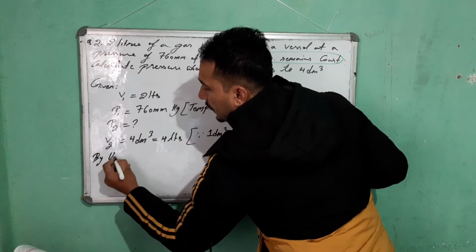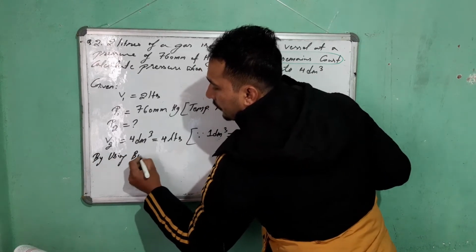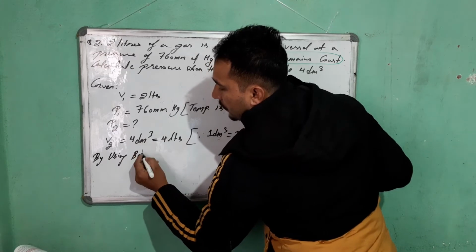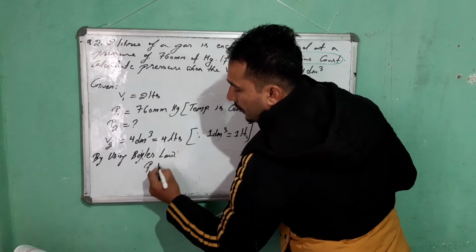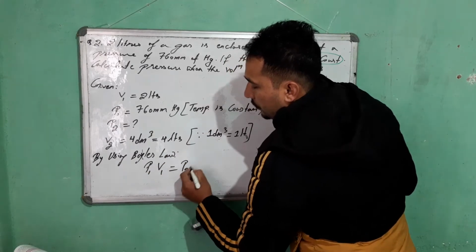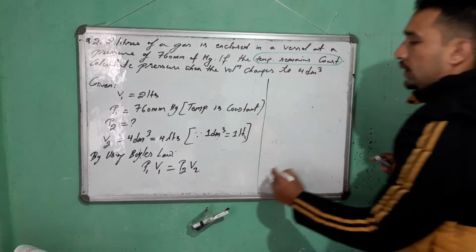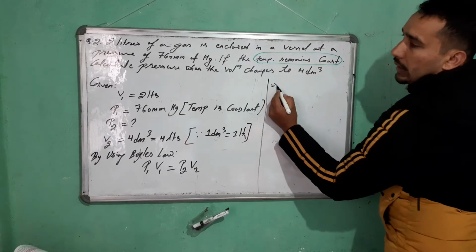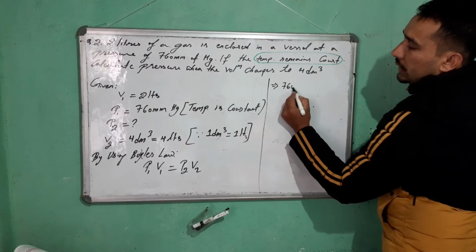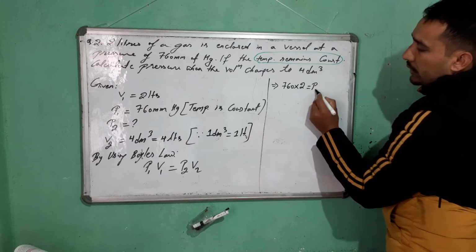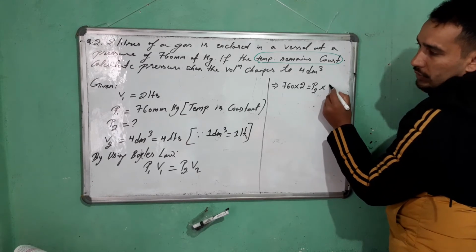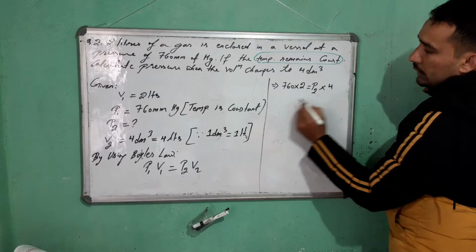By using Boyle's law, that is P1 V1 equals P2 V2. Put the value of P1, 760, into V1, which is 2, equals P2 into V2, which is 4.